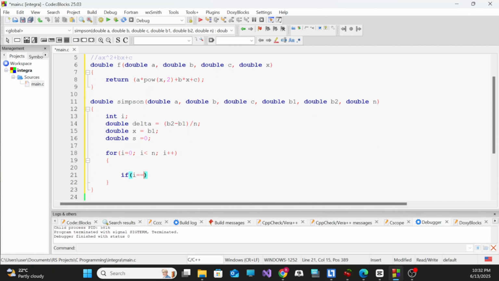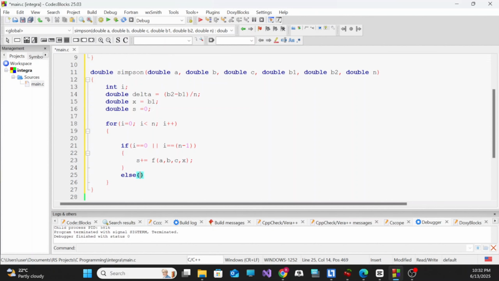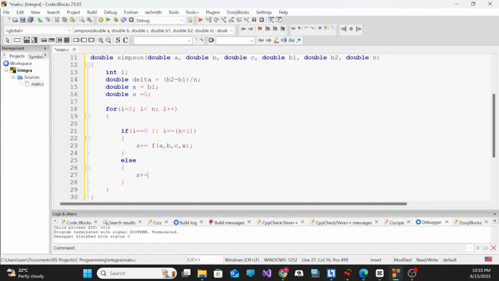If i equal to 0 or i is equal to n minus 1, in other words, for the first and the last element, we don't multiply f by anything. s plus equal f(a, b, c, x). Else, s plus equal to f(a, b, c, x) multiplied by i modulo 2 multiplied by 2 plus 2.